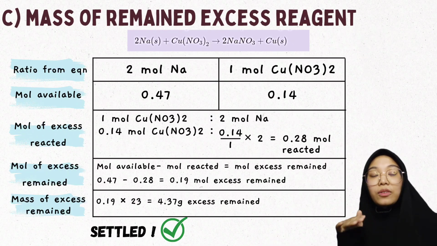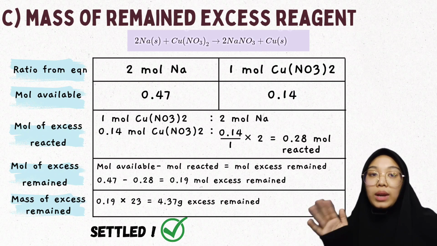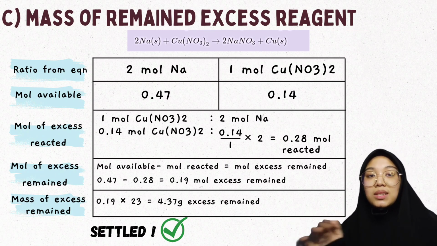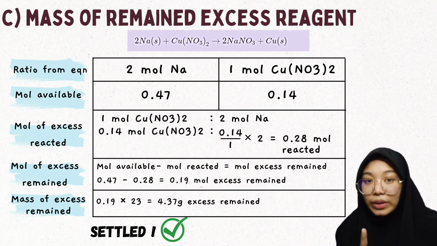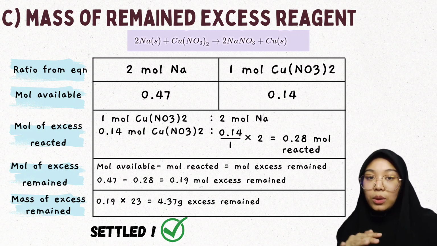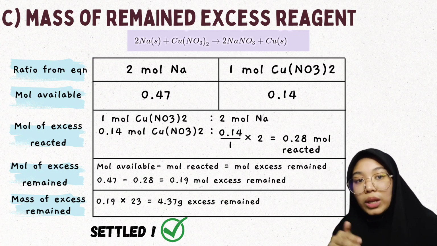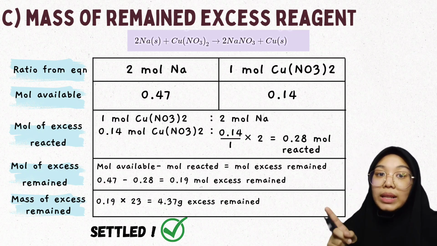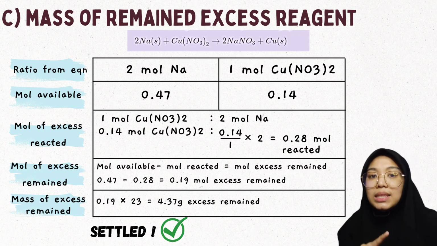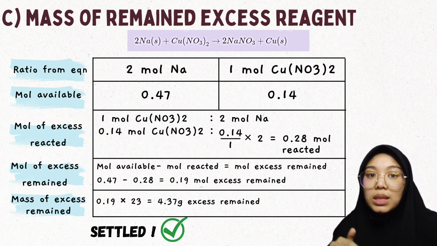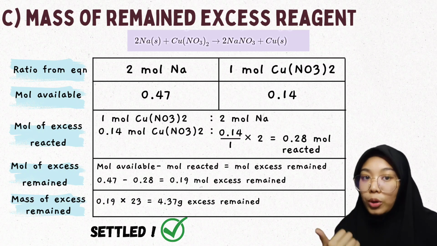For the third and last part of the question, we just need to compare both reactant in a table, which is excess reagent and limiting reactant. First, identify their mole ratio from the equation, which is 2 mole for sodium and 1 mole for copper 2 nitrate. Then state the mole available for each reactant. Next, we will find the mole of excess reactant. This step is very similar to just now, which is how we find the mole of copper produced.